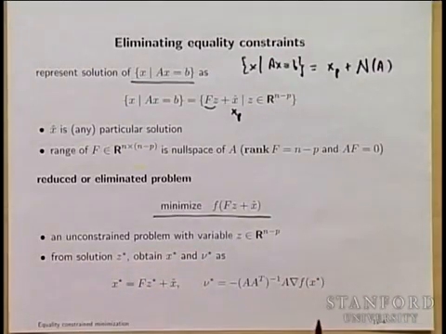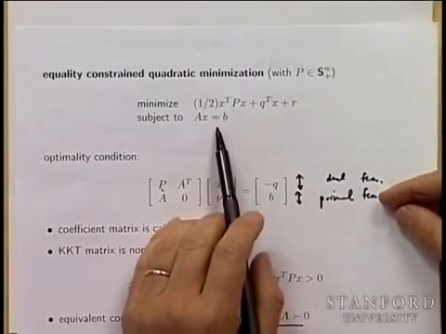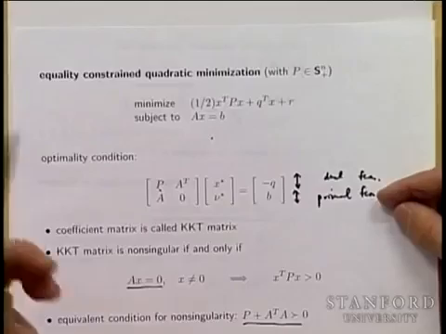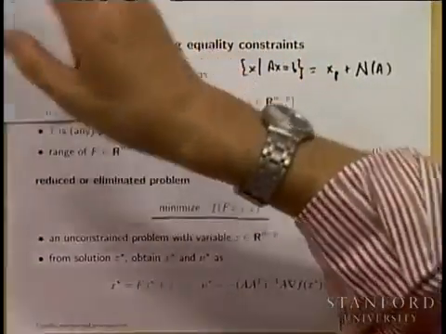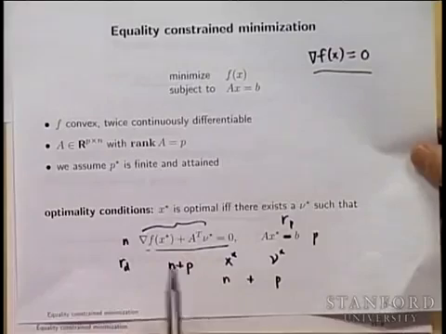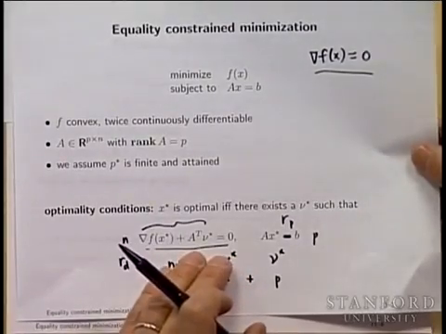That's this thing. Okay? And you can work out various things. It turns out if you had to write code, for example, that solves the original problem here, and someone tells you, no, your code must return nu star as well as x star.